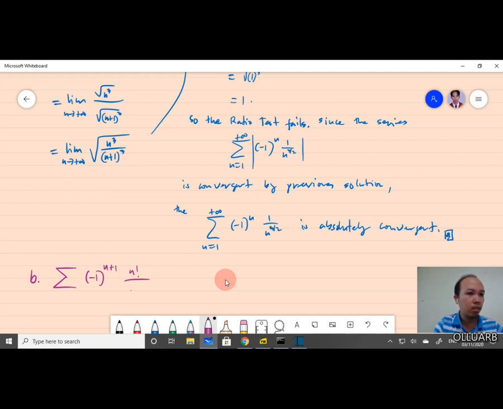This one, we showed that this series is, let's look at our previous solution, divergent. Yes, this is divergent. So let's try to show, using the ratio test, if this is really divergent.